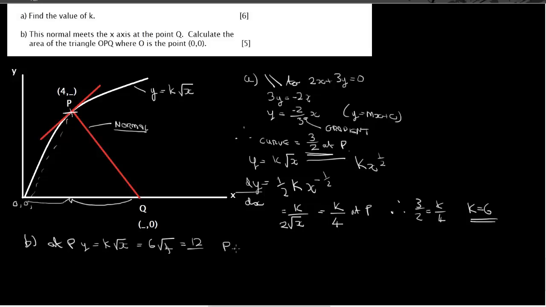So that's 12. So we know that that's 12. So we've got y equals minus 2x over 3 plus c.